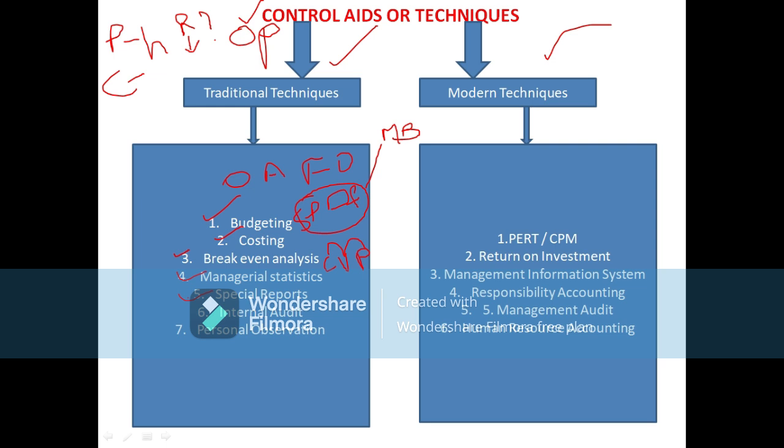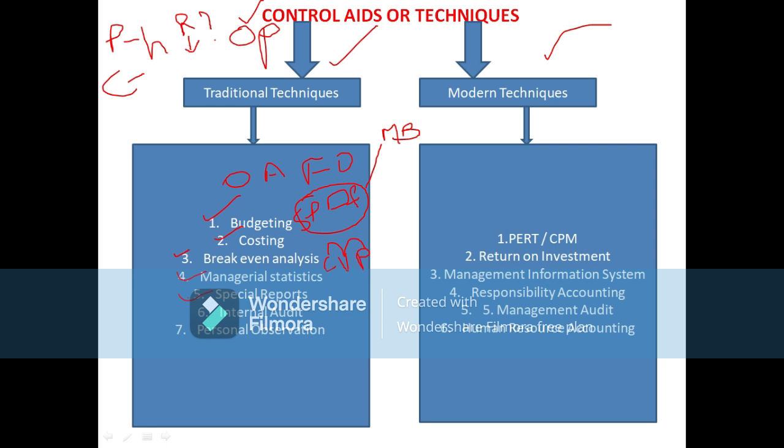At that time, an expert within the organization or from outside the organization may be assigned the task of studying the problem and preparing a special report on that particular problem or issue. So a special report is given by an external or internal expert. He will find out the problem and solve it.